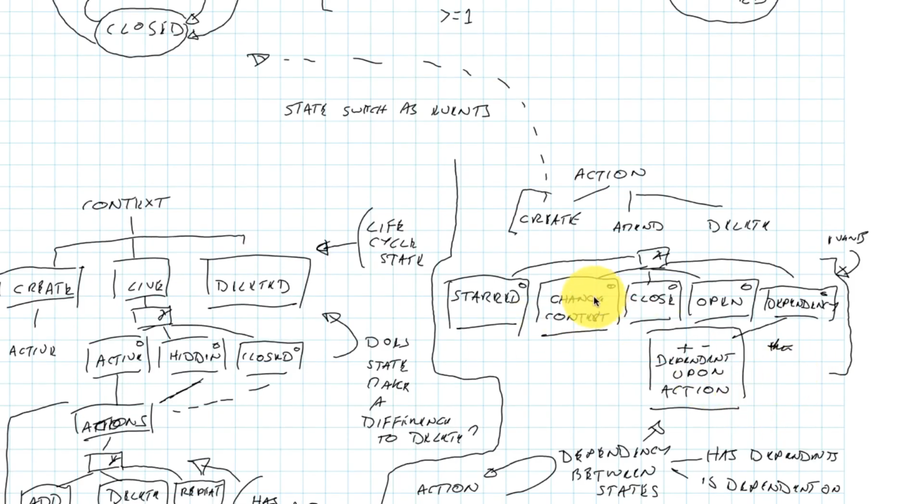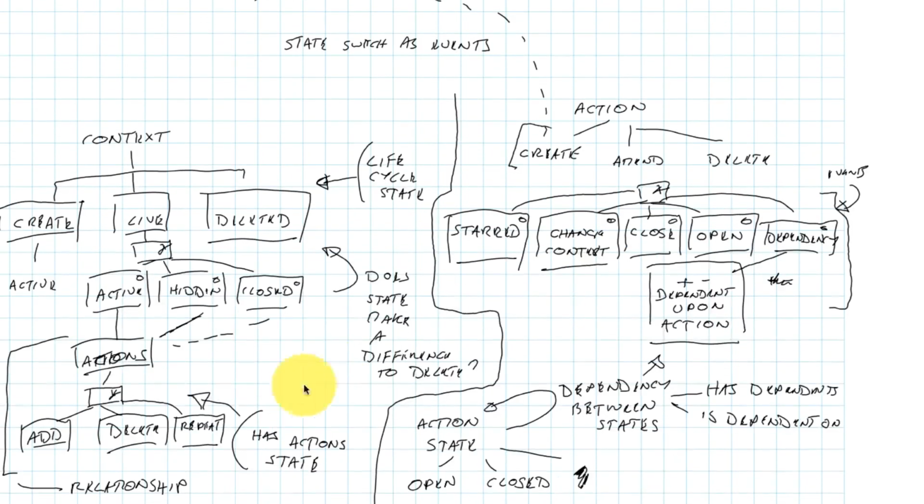So I can star something. I don't know if that's important or not, but it might be. So I put it in there. I can change the context. I can go into the action and amend it and change the context, which essentially is starting to relate what happens to an action with what happens to a context over here. When I change the context for an action, it deletes it from one of the contexts over here. So these events are related.